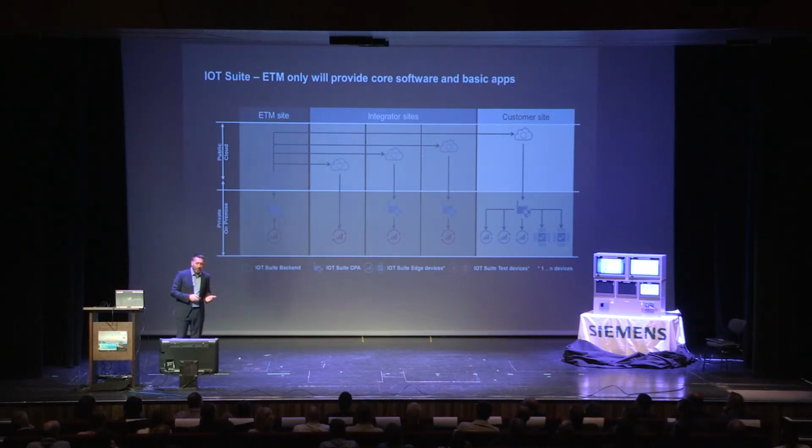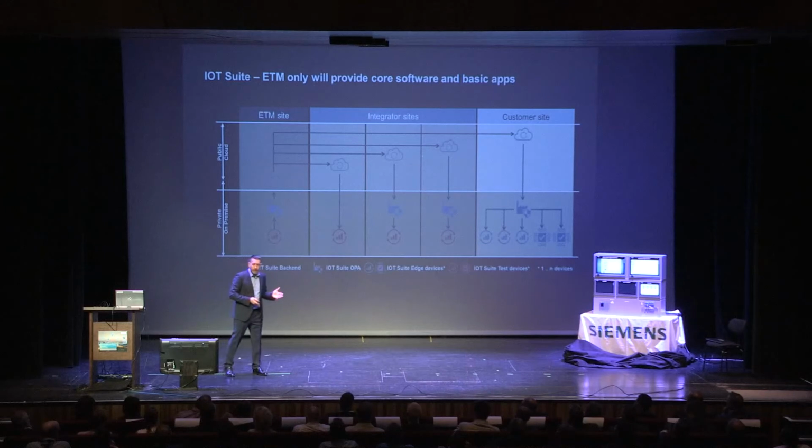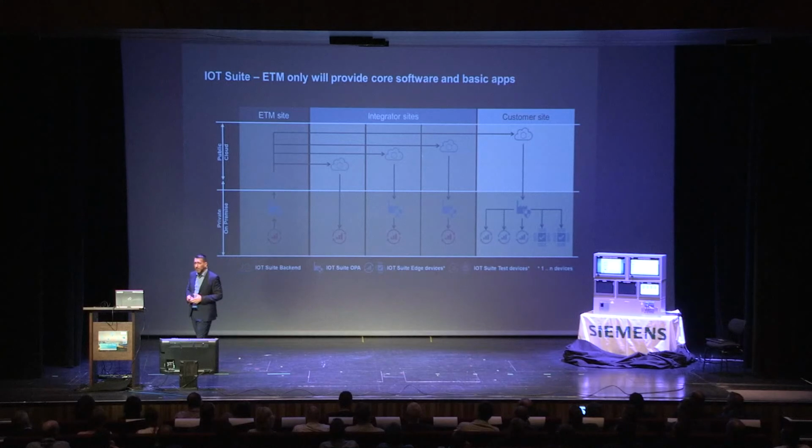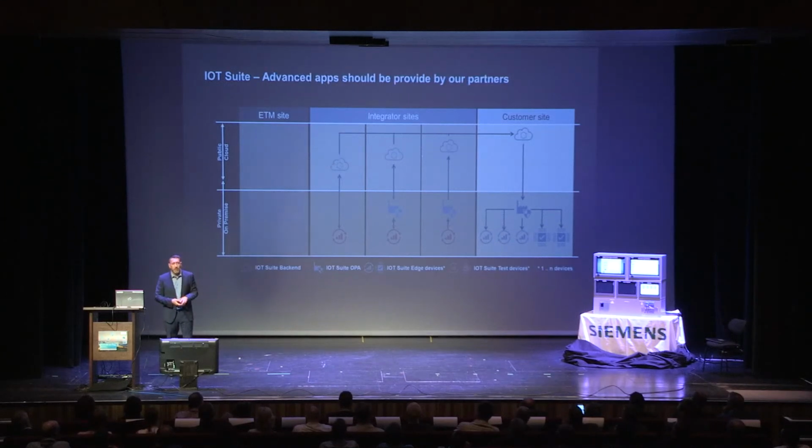From there you can download them in order to work on them, or an end customer also might use it, and then we take care that he's going to be supported with core software and basic apps. But a basic Edgebox is meaningless. What we really need to have is additional functionality, and this brings me to the next slide.